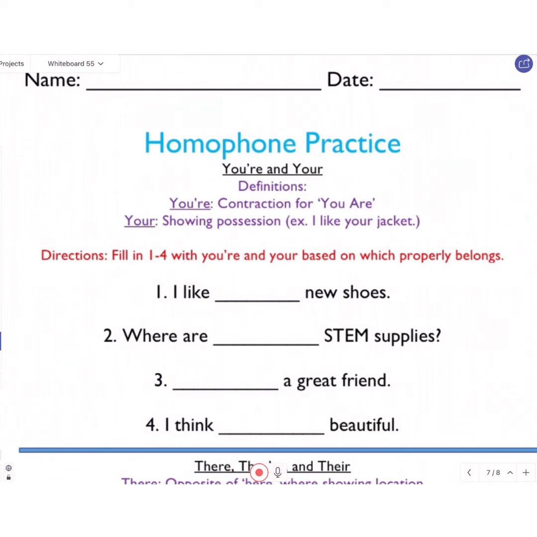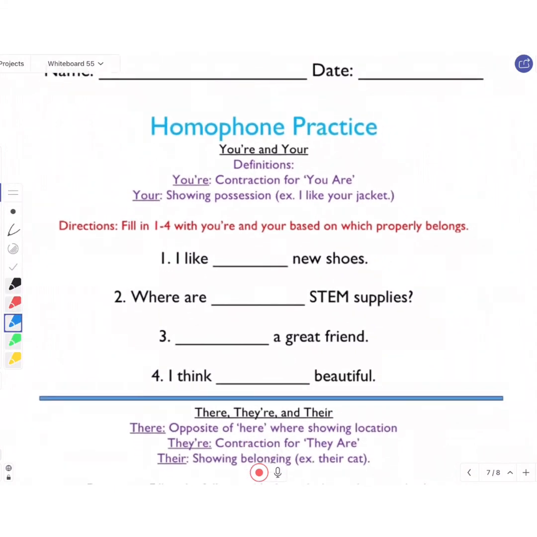So for example, I like your shirt. Can I replace that with you are? I like you are shirt. That does not make sense. So the I like your shirt sentence would be Y-O-U-R because it does not make sense to replace it with you are. So you're going to read those 4 sentences and then replace it with your or you're, the correct spelling.